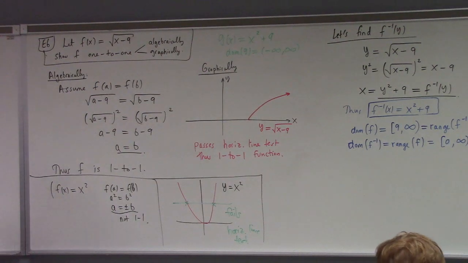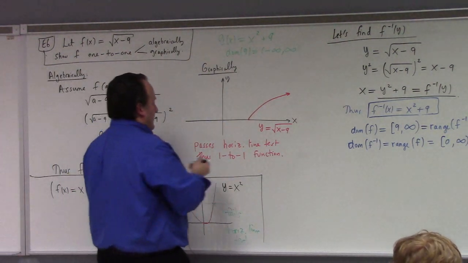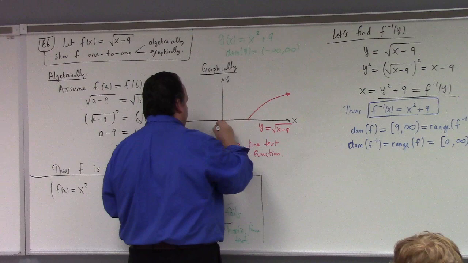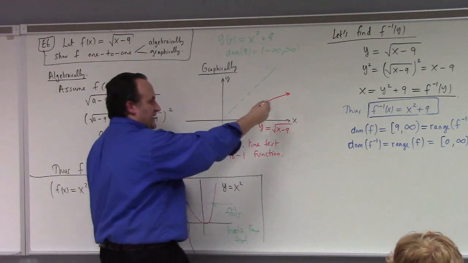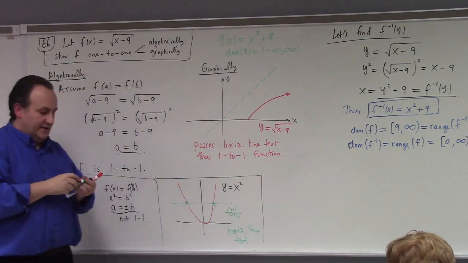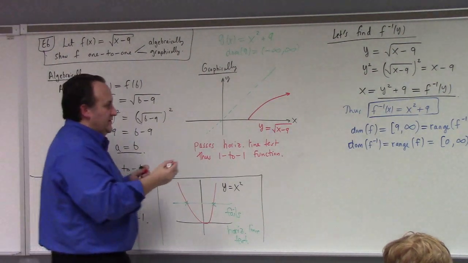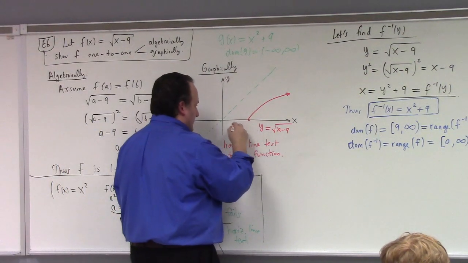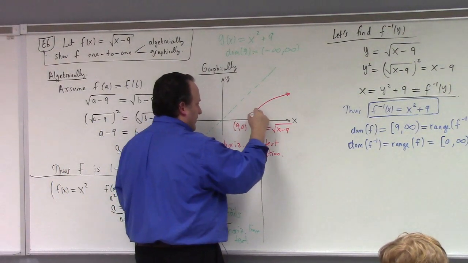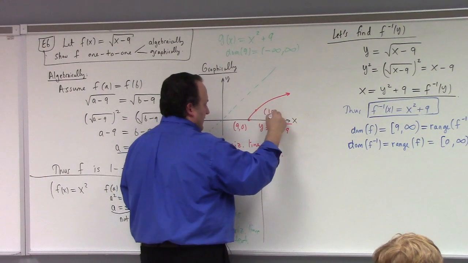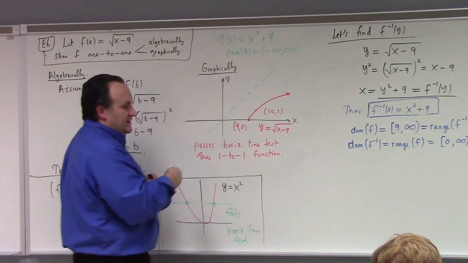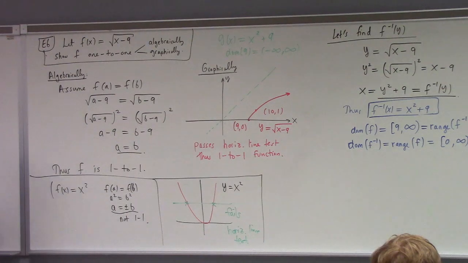And you can understand this graphically, right? Because if we graph the inverse function, it should be the reflection of that across the line y equals x. So here are 2 points that are easy to track. You've got the point (9, 0). This point up here would be (10, 1), because if you put in 10, you get the square root of 10 minus 9, which is the square root of 1, which is 1. So (10, 1) is on the graph.